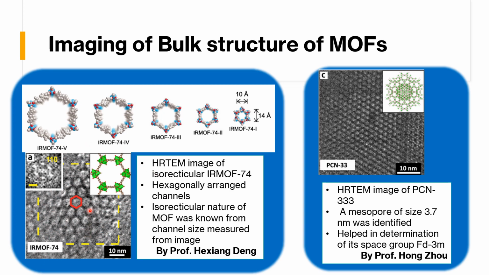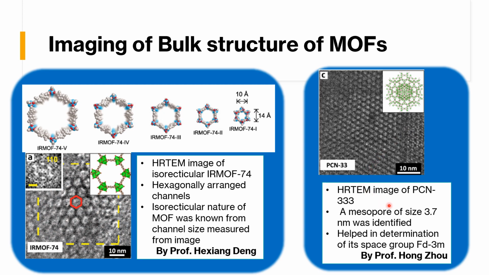From this HRTEM image, the pore size was calculated, and it matched the data taken from the d-spacing of single crystal XRD. In this way, the pore size of the channel was imaged from the HRTEM image. This was done by Professor Hexiang Deng during his postdoc in the laboratory of Professor Omar Yaghi at that time. And this is also the actual HRTEM image of PCN-333, right?